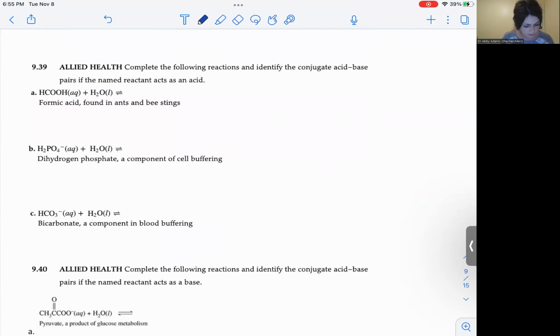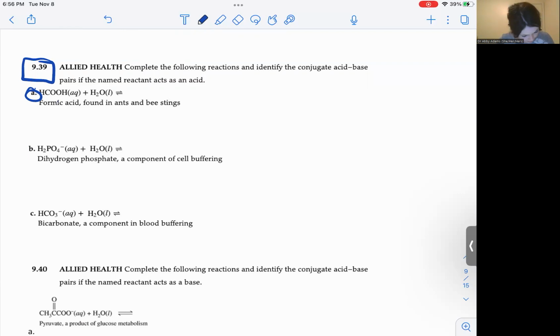So let's do 9.39. Complete the following reactions and identify the conjugate acid-base pairs if the named reactant acts as an acid. Okay, so formic acid, found in ants and bee stings. All right, formic acid. So what shall we do?